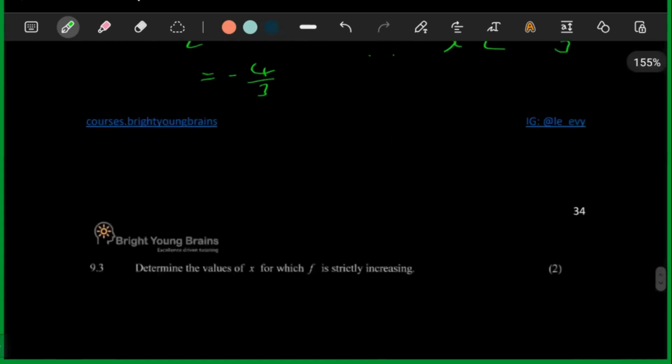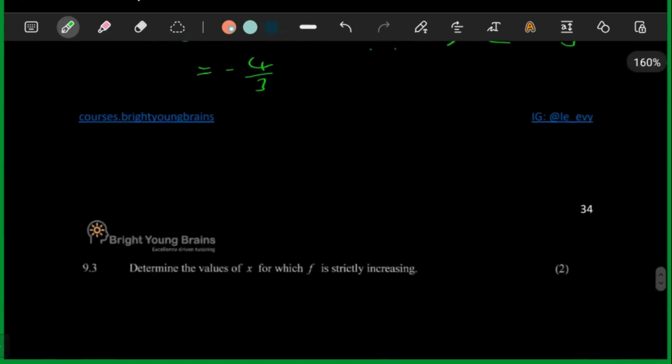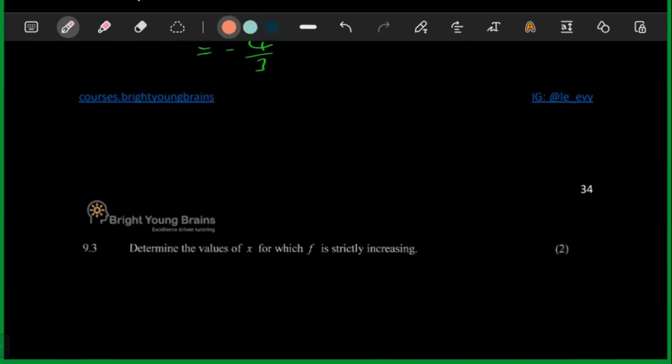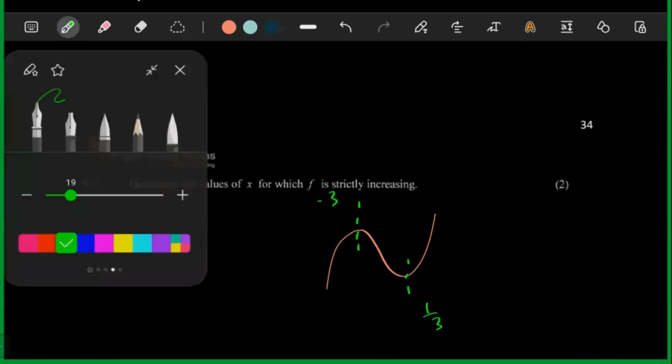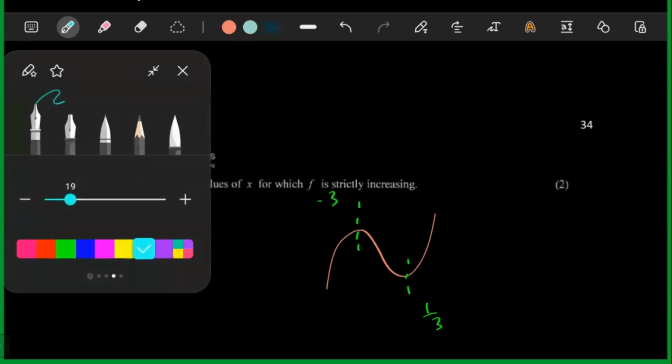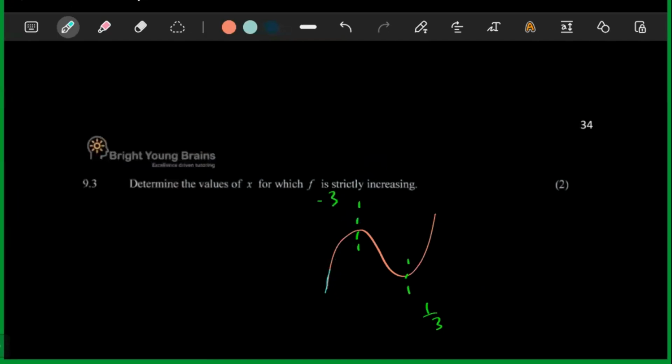Question 9.3 says determine the values of x for which the graph is strictly increasing. Again, here you need to be able to visualize this, and you also need to know the significance of all these. The x values here are a third and -3. The graph is increasing where your y values are going upwards, because you always look at your sketch from the left side going to the right.